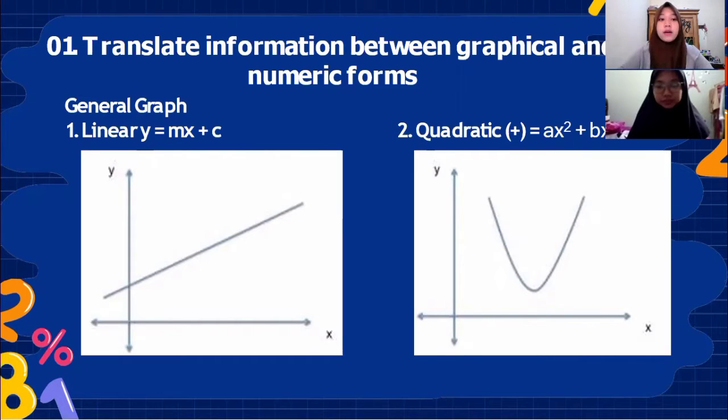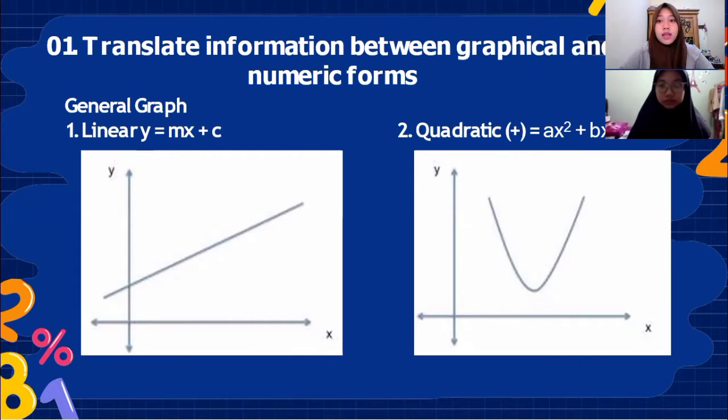First, we have the general linear graph, where the equation is y equal to mx plus c. This equation is the equation of a straight line with gradient m and intercept c on the y-axis.